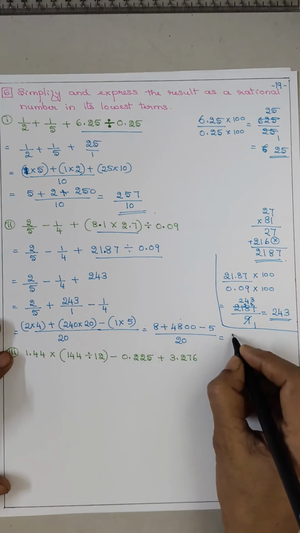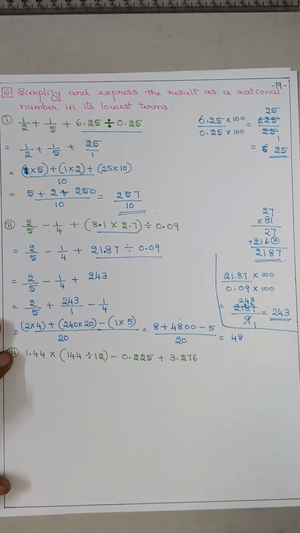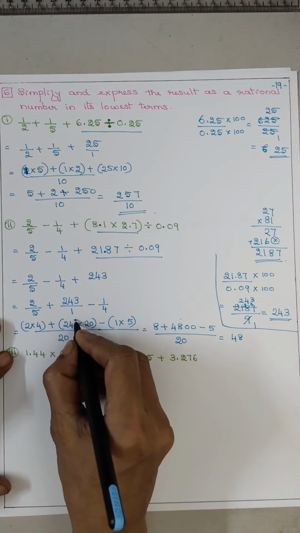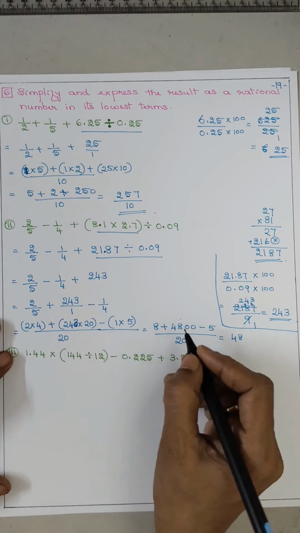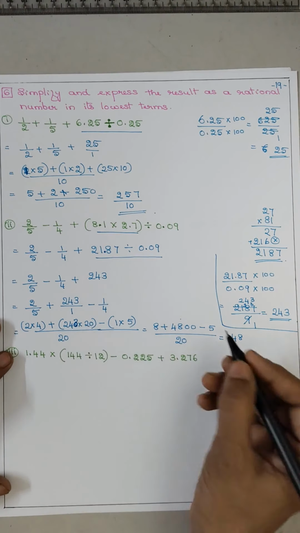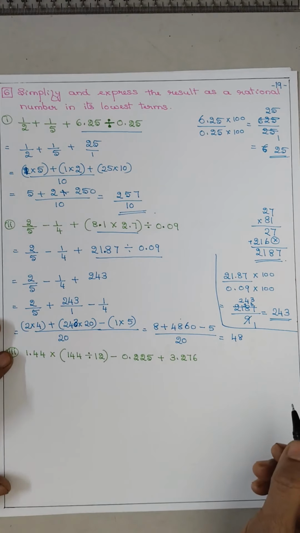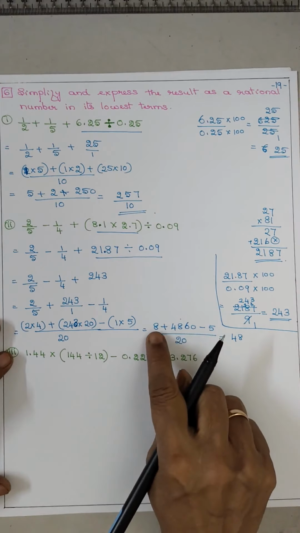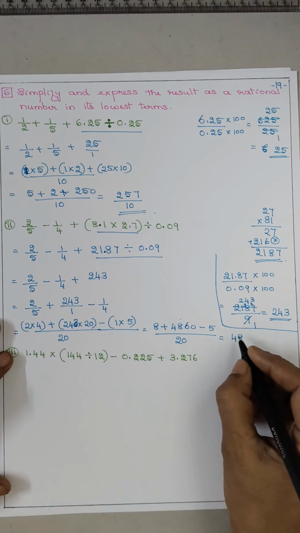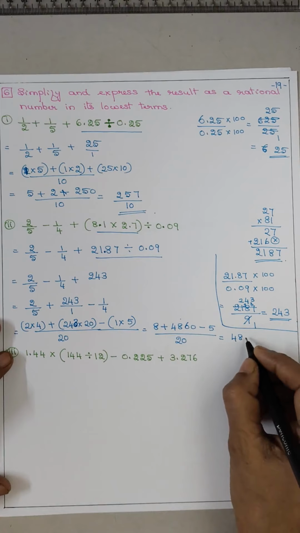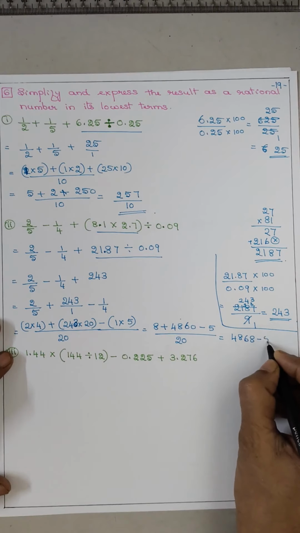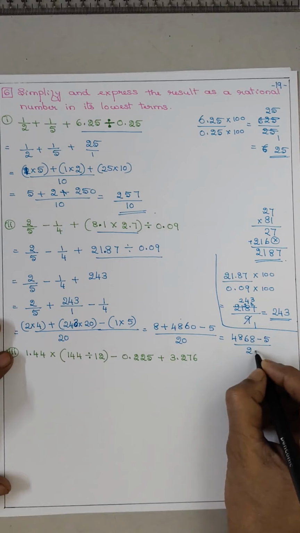Now add, sorry, 243. So 2 3s are 6, 2 4s are 8, 2 2s are 4. So it will be 4 8 6 8 minus 5 upon 20.